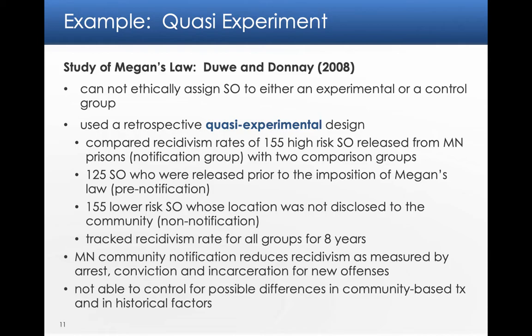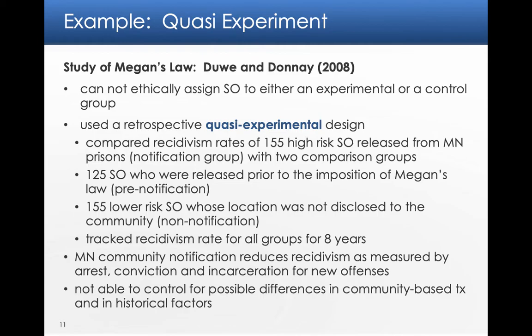Dew and Donay in 2008 did a study of Megan's Law. That's a quasi-experiment. We obviously cannot ethically assign sex offenders to either an experimental or a control group. So they used a retrospective, looking backwards, quasi-experimental design. They compared the recidivism rates of 155 high-risk sex offenders released from Minnesota prisons, a group subject to notification, with two comparison groups: 125 who were released prior to notification, and those whose location was not disclosed because they were not subject to notification.